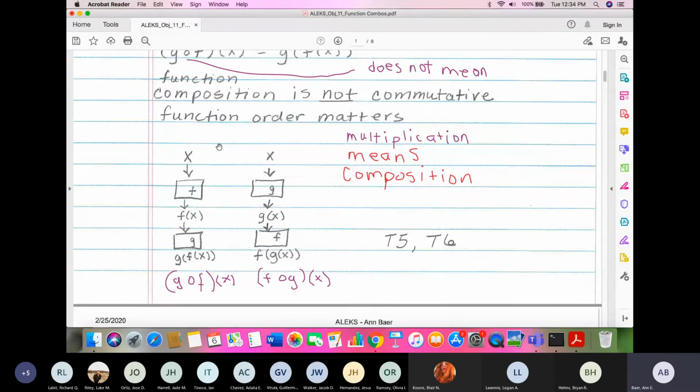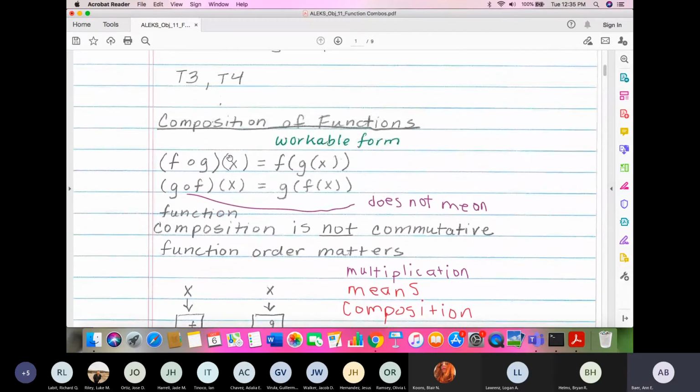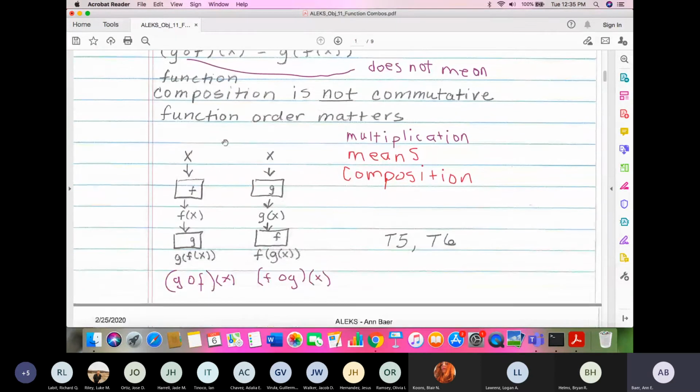So let's look at machines here. Now, X is the input, no matter what. We use X for input when we're talking about functions. Now, we've got two functions lying around, this F and the G. And it depends on which order we use these functions. So let's start by using the function F first. So this X here is an input.